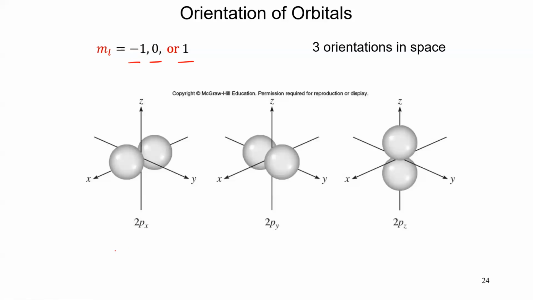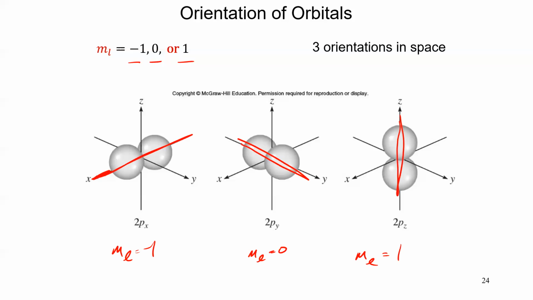But generally speaking, for the p orbital that's oriented along the x-axis, we would say that this has an m sub l of -1. For the one oriented along the y-axis, we'd say that this is an m sub l of 0. And for the one oriented along the z-axis, we'd say that this is an m sub l of +1. Right?